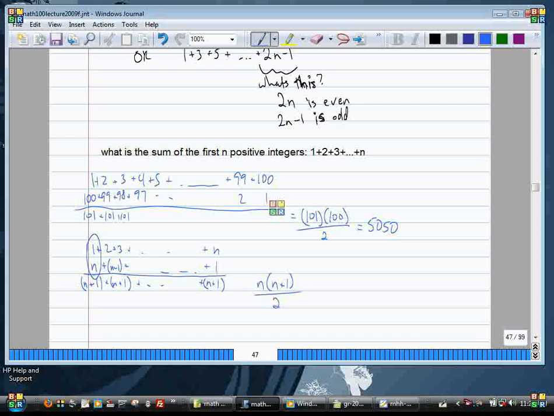Now, by the way, is this inductive reasoning or deductive reasoning? This was deductive reasoning. We did it algebraically, and we now have a rule that always works that we can apply to any case. If I ask you what's the sum of the first 20 positive integers, you don't have to sit there doing 1 plus 2 plus 3. You just plug it into the formula.